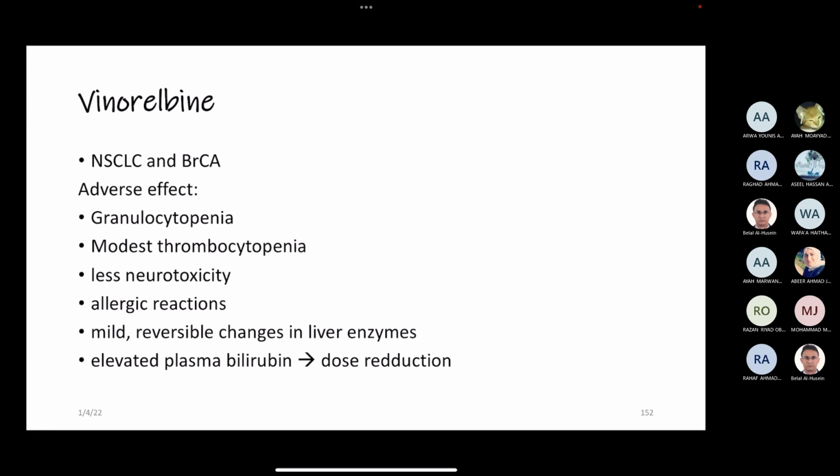Side effects are modest, as we said, and include granulocytopenia, modest thrombocytopenia, less neurotoxicity compared to vincristine, allergic reactions, elevation of liver enzymes, and elevation of plasma bilirubin. As we said, if the bilirubin levels are more than 3 milligrams per deciliter, you have to reduce the dose by at least 50%. If it was higher, you have to reduce by 75%.